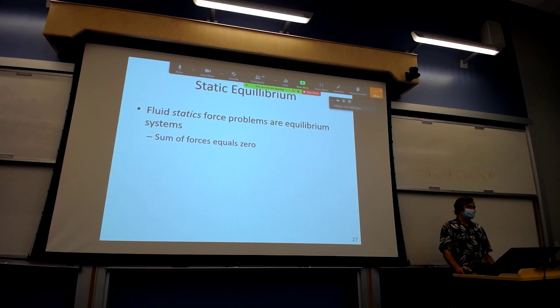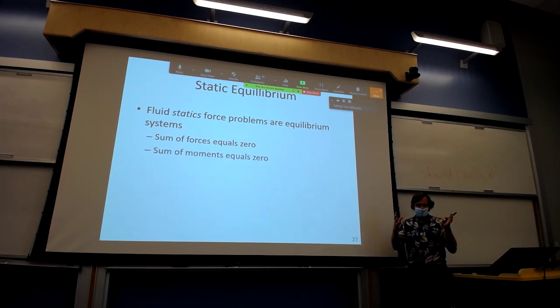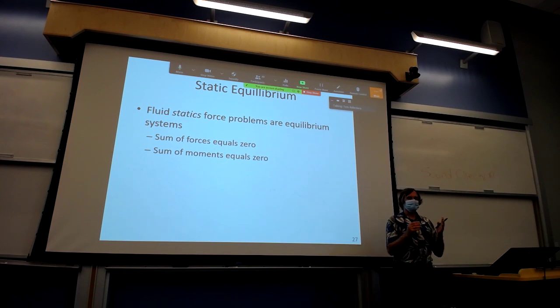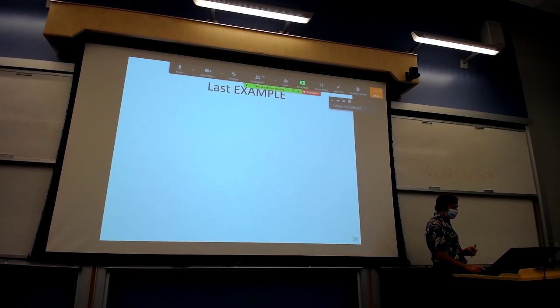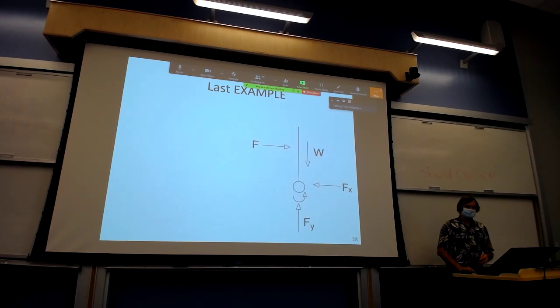Sum of forces equals 0 in any direction. Or, again, this is a static equilibrium case. You can also do a moment equilibrium. Quite honestly, you may think it's challenging to calculate the moment arms, but the reality is, when you take moment equilibriums, those can actually be easier solutions. And we'll explain why. Here's the last example.